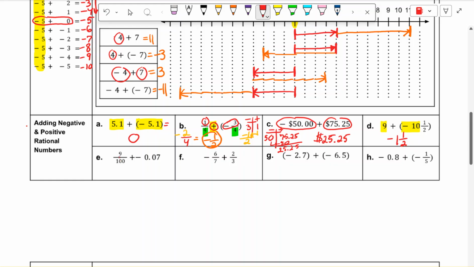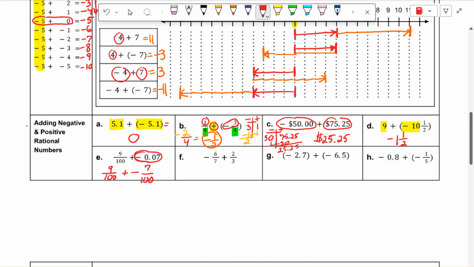This next one, we have fractions and decimals. Well, if you know how to read your decimals, it makes it really easy. This is 9/100ths plus, and this is negative 7, and 7 is the one in the 100ths place, so negative 7/100ths.